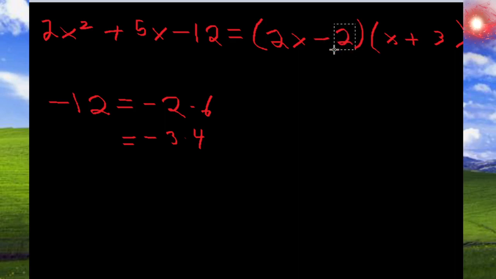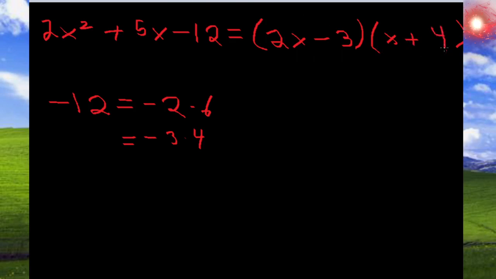Maybe let's try 2x minus 3 times x plus 2. 2x times 2 is 4x, minus 3 is just x. I thought we had it a second ago. Oh yeah, it's 3 and 4. That's my mistake.